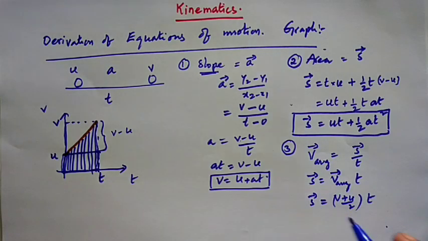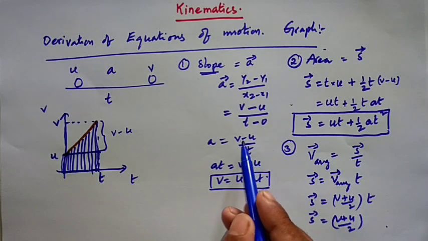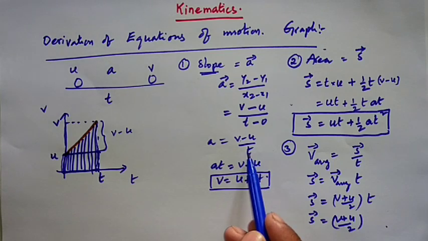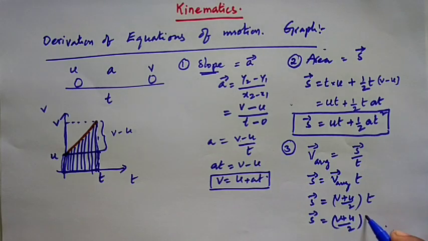Now from this, what I am going to write is s is equal to (v plus u) by 2 into, in place of t, I can write (v minus u) by a. Can I write or not? In place of t, if t goes here, a comes here, (v minus u) by a. Clear?